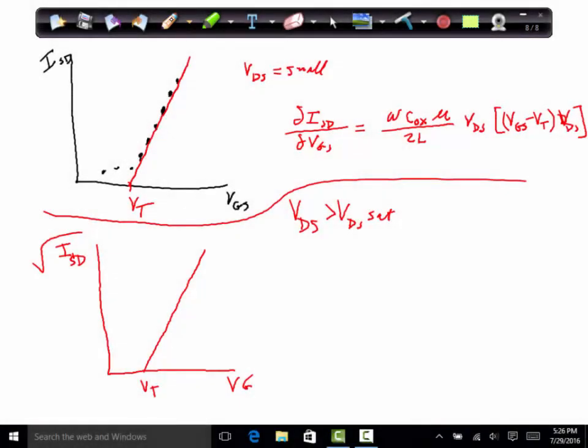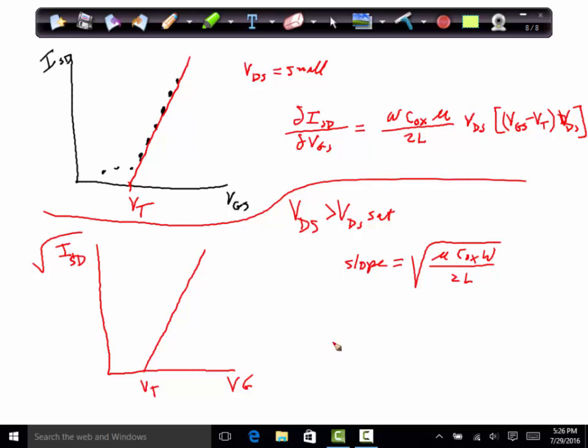And let me complete that. So the slope is given by the square root of mu Cox W over 2L. So in either case, you should be able to determine some of the parameters.